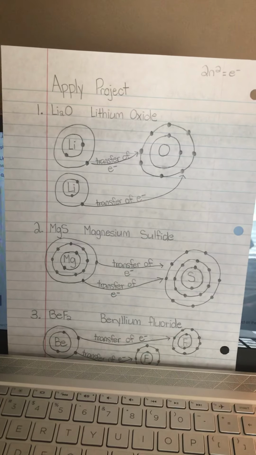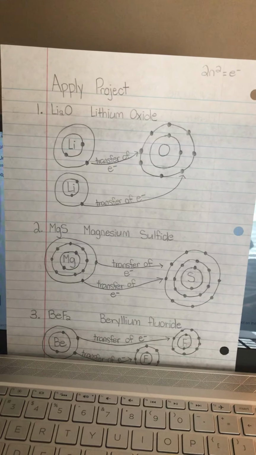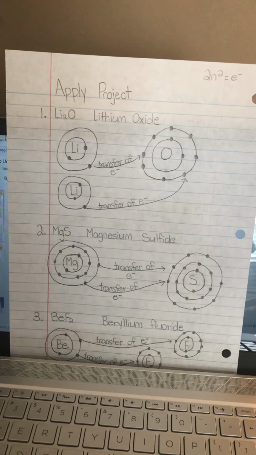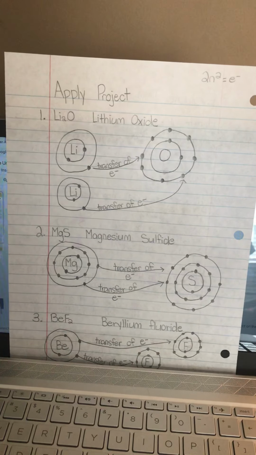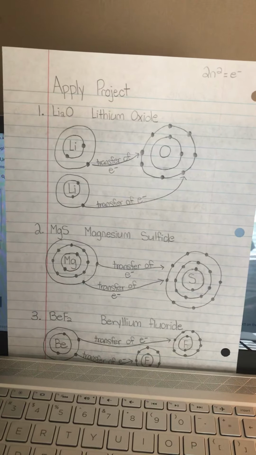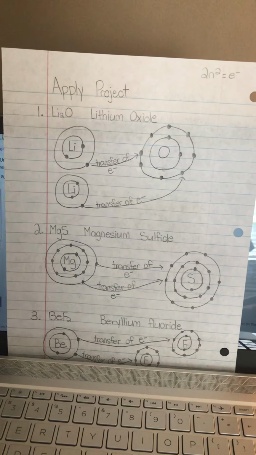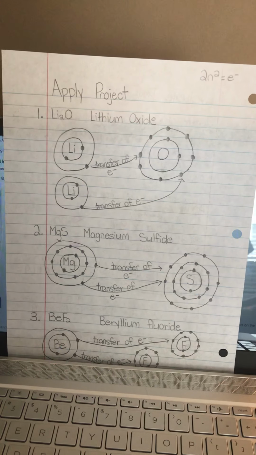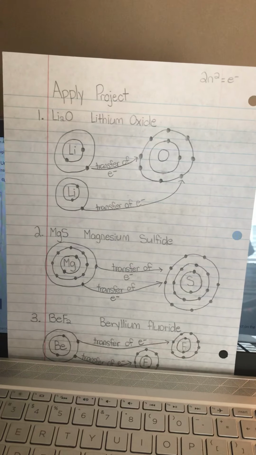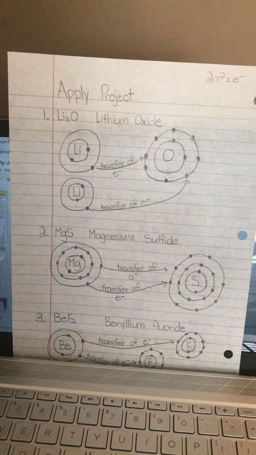Because lithium has 1 valence electron on the outer shell, it wants to lose the valence electron in order to get to a noble gas configuration. So when both of the lithium atoms give away their valence electron to oxygen, oxygen gets 8 valence electrons on the outer shell, while lithium loses its outer shell altogether.